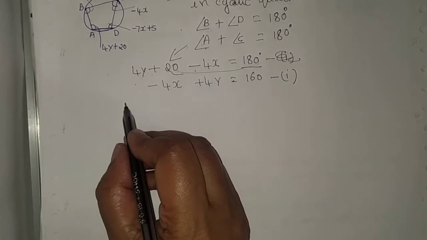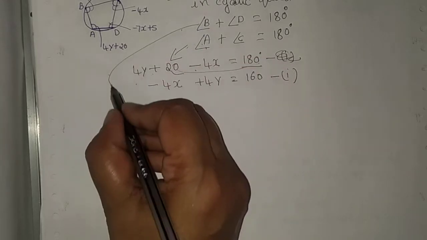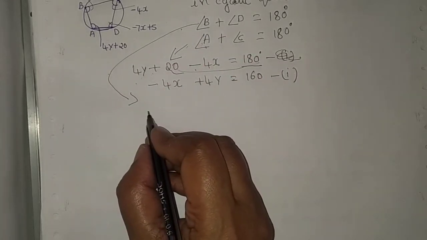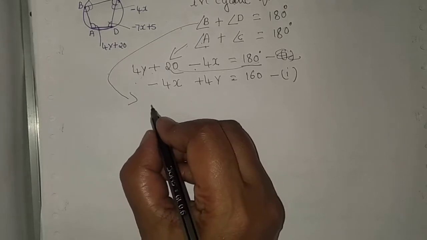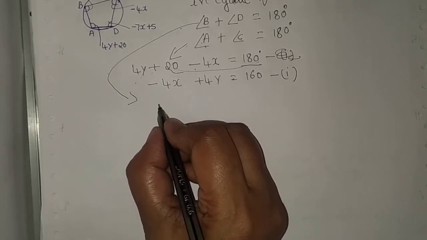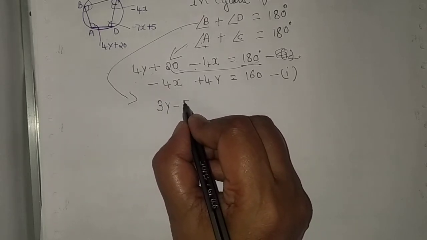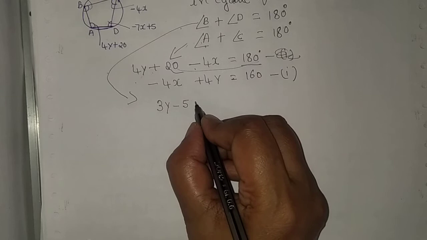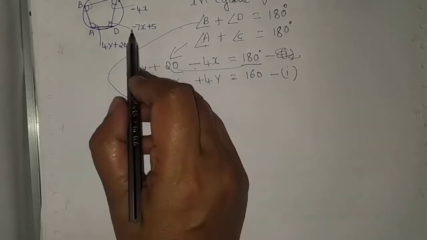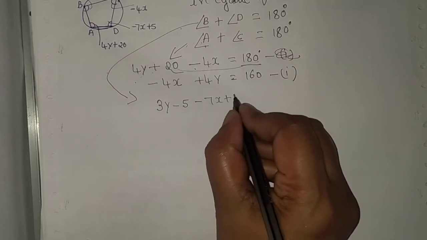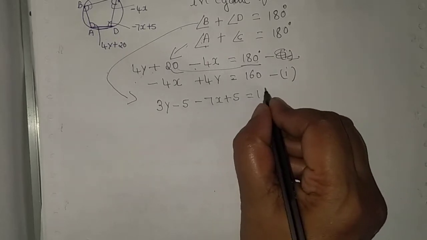After this, next step is to take the next equation, the next opposite angles, that is angle B plus angle D. For B they have given 3y minus 5, and for D, the opposite angle, minus 7x plus 5 is equal to 180 degrees.